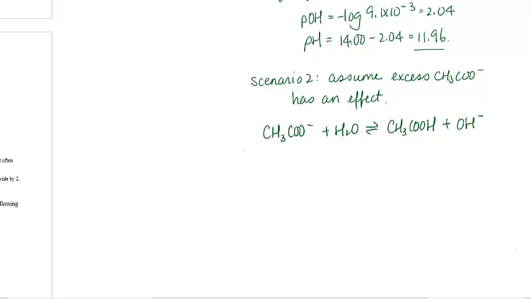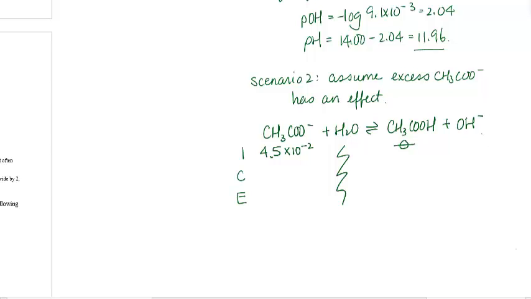Now, if you take a look, we have an equilibrium, so we use our ICE chart. If we take a look at the concentration, we have the concentration of the excess CH3COO minus, which is 4.5 times 10 to the minus 2. We don't care about water. At present, we do not have any acetic acid.